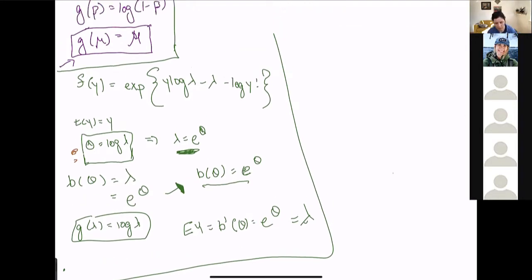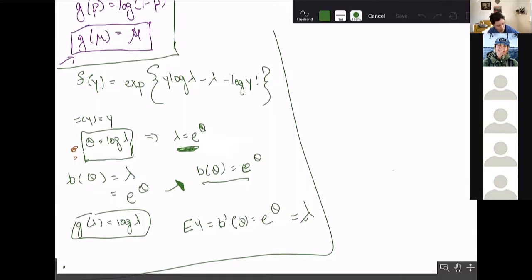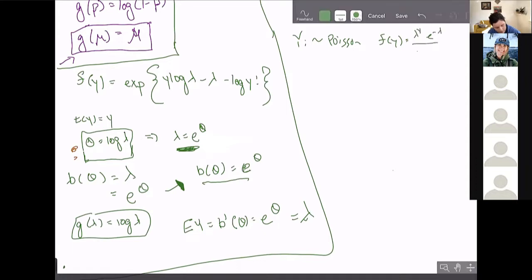So basically, we know that y follows a Poisson distribution, which is a discrete probability distribution. With this PDF, or PMF technically, y's are integers that can be from 0 to infinity.